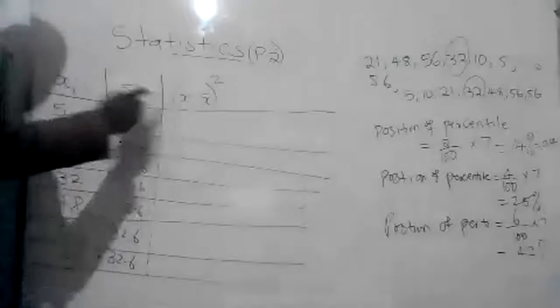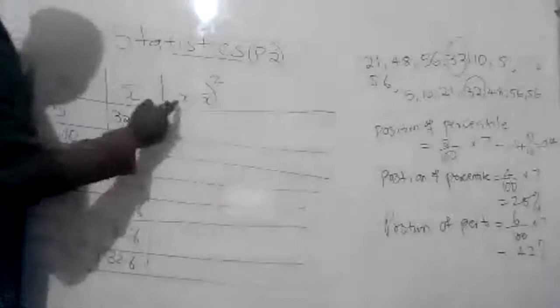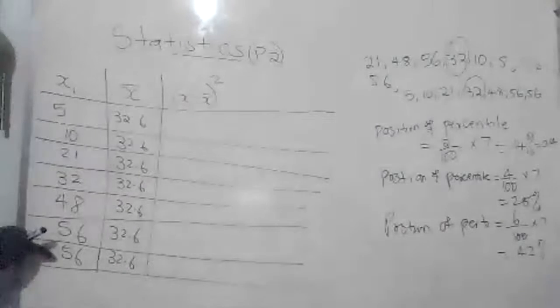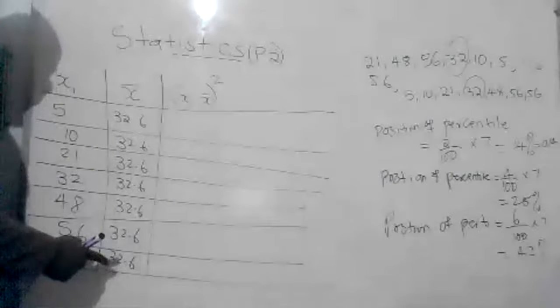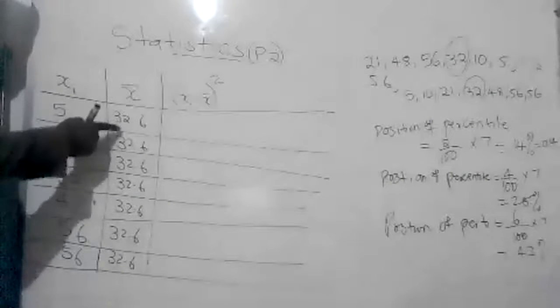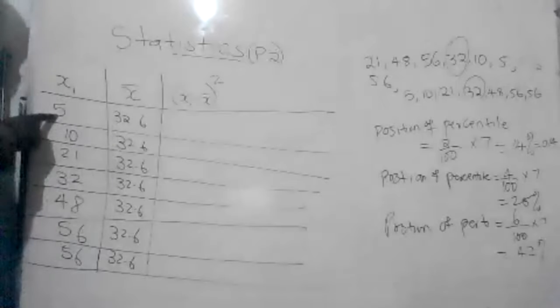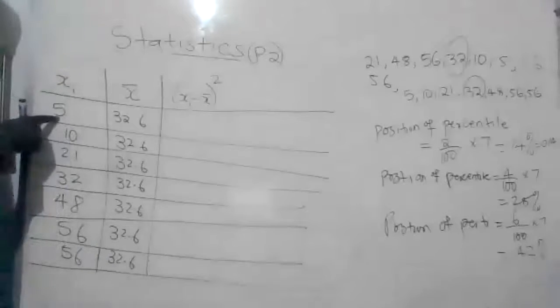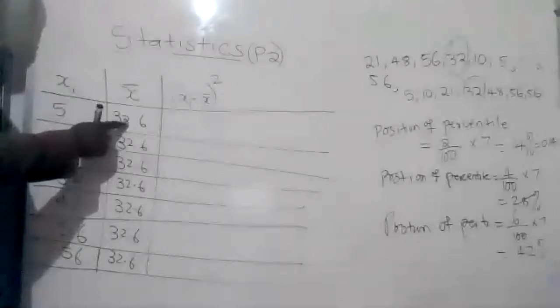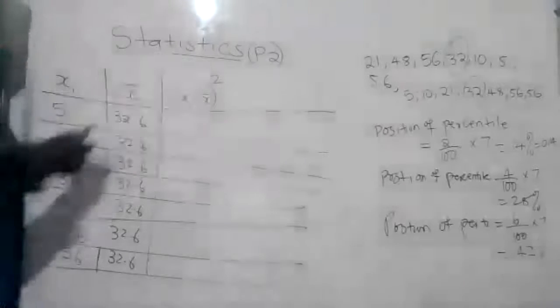So now I believe you all see that here we have xi, which is this data given, and x bar is the mean. So you subtract this with that. Don't start here. Start from this one, right? So that we also cater for that. So we are going to say 5 minus 32.6, and then we square it.